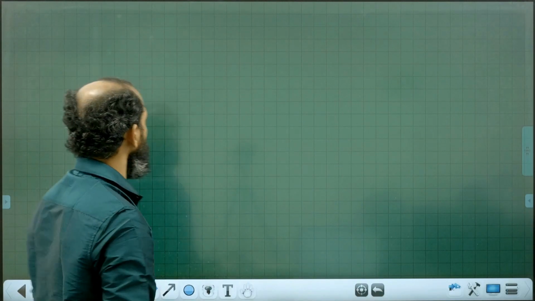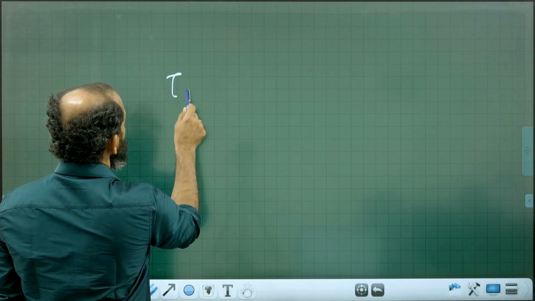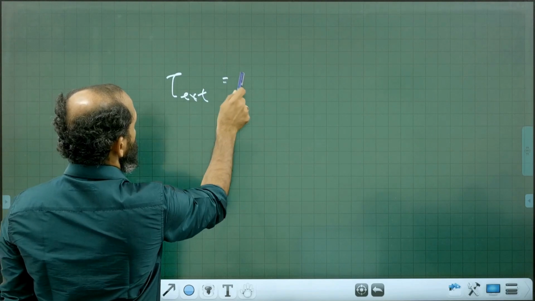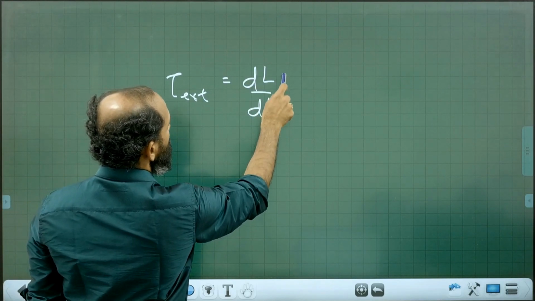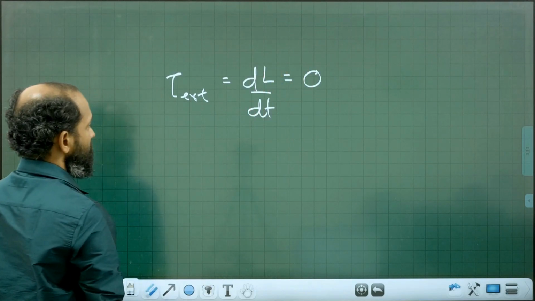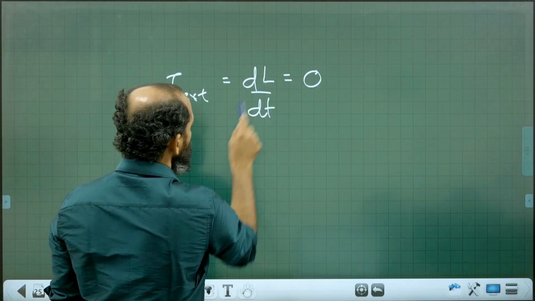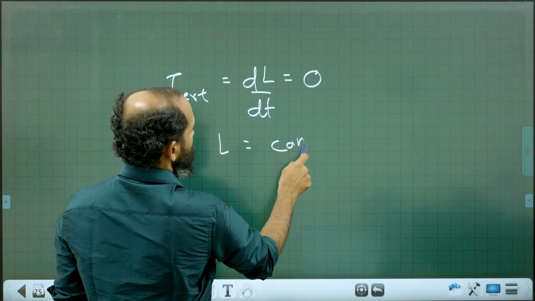The last content of the chapter is regarding conservation of angular momentum. In the absence of external torque, total angular momentum is a constant. Tau external equals 0, so L is equal to a constant.